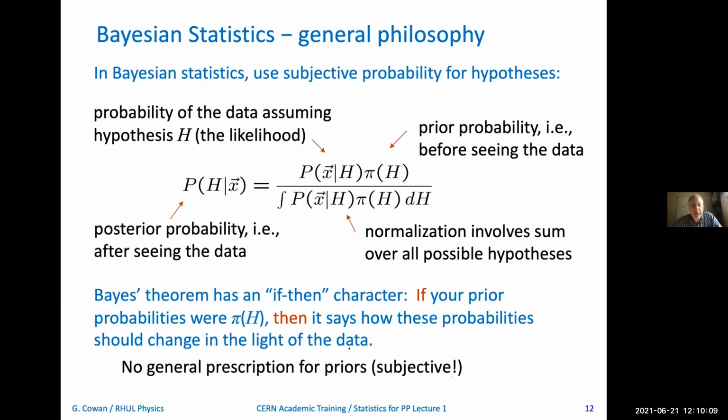And so what can happen now is the following. As the sample size gets larger, so as the data becomes more accurate, if you will, the likelihood function becomes more and more narrow.